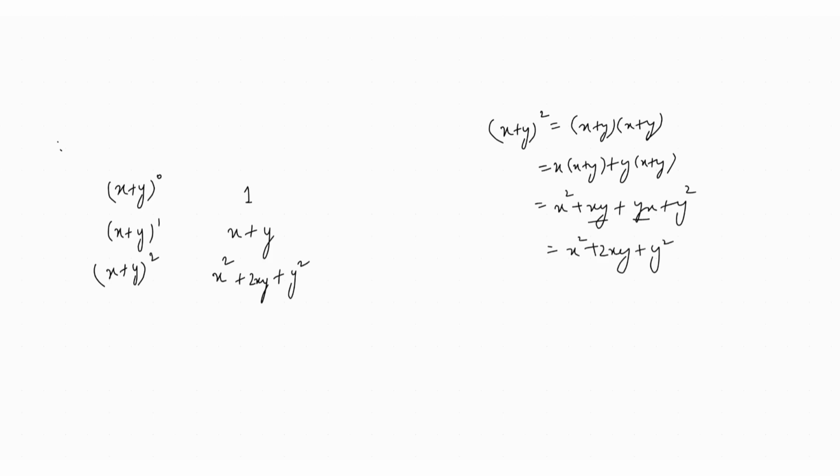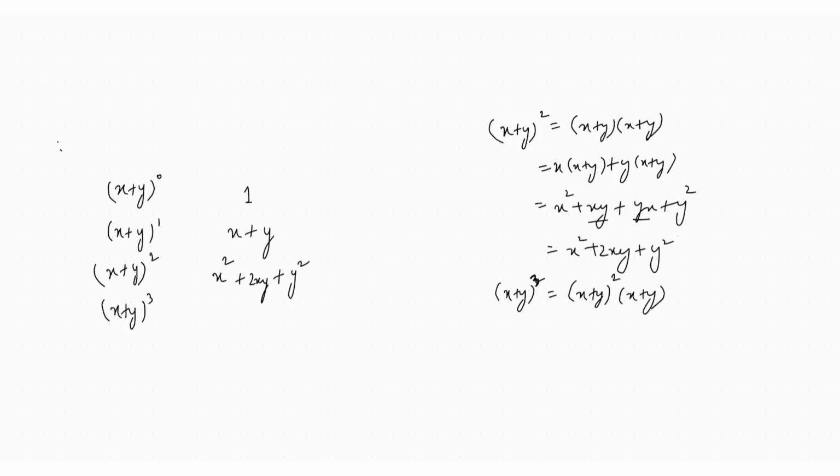Yes. Right? Okay. Now, when I'm asking you what is x plus y whole cube, it means I'm asking you to multiply it 3 times. So can I write it like this? Can we write x plus y whole cube as product of x plus y whole square and x plus y? Do we know the expansion of this?